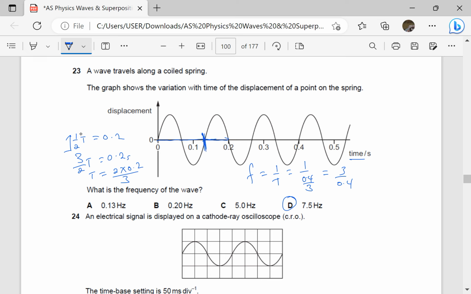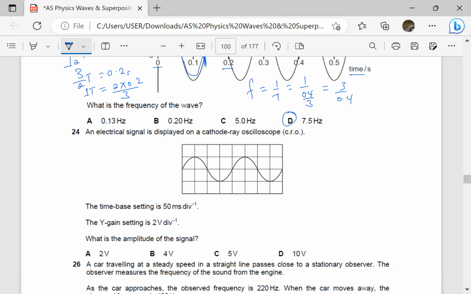You can't say it is 0.15, but it was easy for me to see 0 and 0.2, and we counted 1.5 cycles, which take a time of 0.2. So I tried to find one period by getting 3T/2 being equal to 0.2.